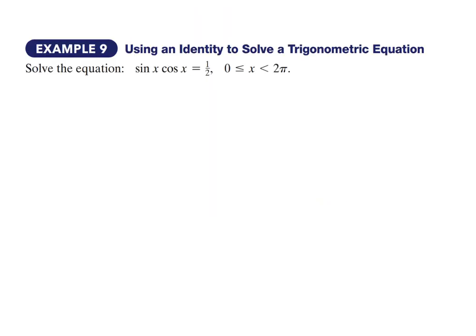Example 9, we're going to use another identity to solve a trigonometric equation. Here I see sine of x, and what I'm going to do first is multiply both sides by 2. So 2 sine of x cosine of x equals 1. Now 2 sine of x cosine of x, I know that that is a double angle formula for sine of 2x.